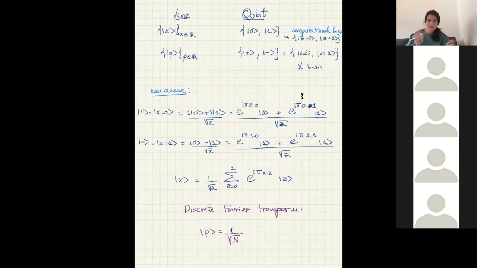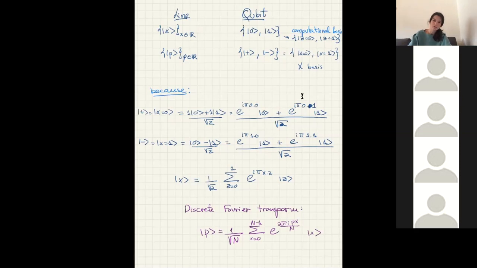So if the dimension is n, and we had these two bases that satisfy this kind of relations, then we could go e to 2 pi i p x over n, x, right? So this is the discrete Fourier transform.